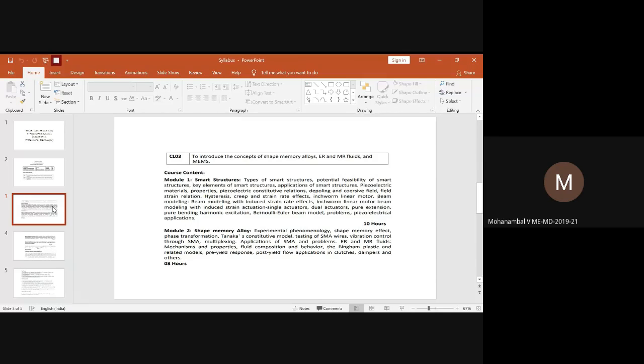Yes, ma'am, dampers. Okay, so you need to relate the importance of shape memory alloy, and how ER and MR fluids play a vital role in any device application. In the device application, you are focusing on MR dampers. So a real-time application for MR dampers in any industry or organization, abroad or in India or elsewhere, where they have already implemented it.